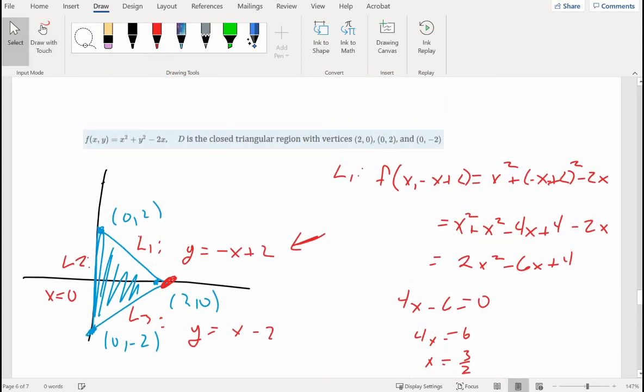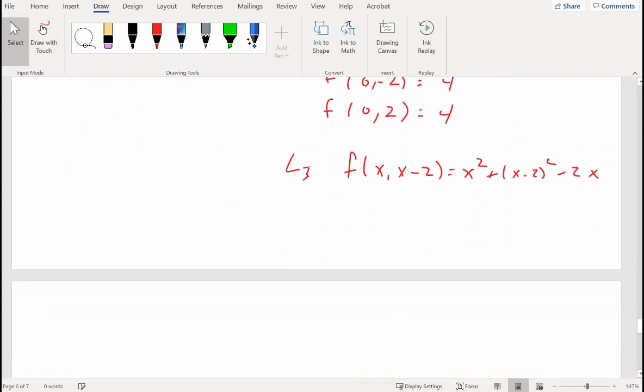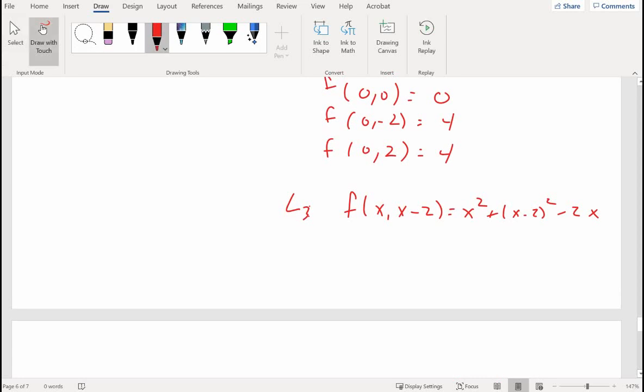I always like to double check things. So that's going to be 2x squared, that should have been a 4x, sorry, minus 6x plus 4. And you'll notice that's exactly the same as the other one we did.